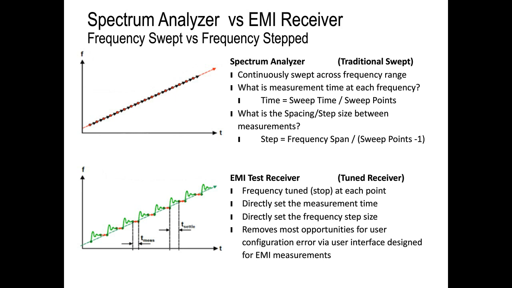You directly set the frequency step size so that there is no calculation that can be made inaccurately. And what it does is it removes most of the opportunities for user configuration error via a user interface designed specifically for EMI or EMC measurements. So part of that architecture is specifically designed to make EMC measurements, removing that opportunity for error.